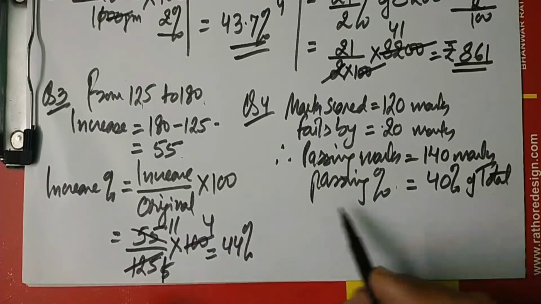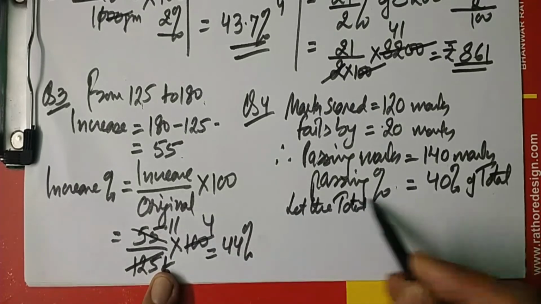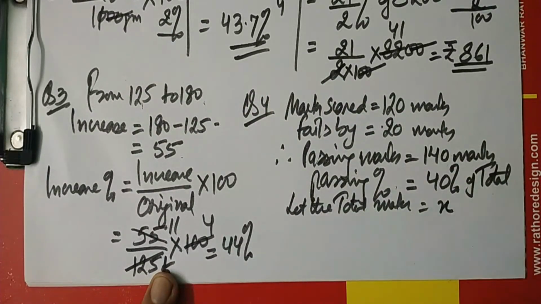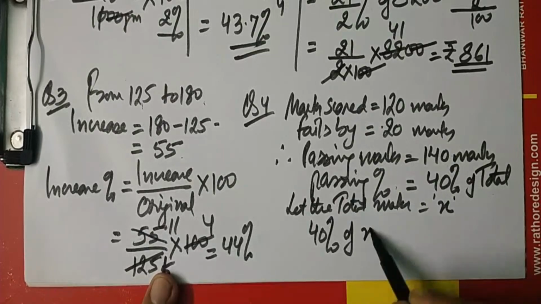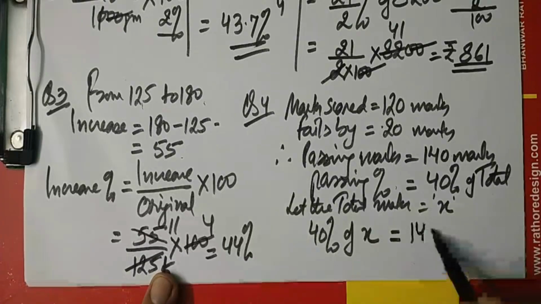So we will write, let the total marks be x. You can write x or any number. So 40% of x, which is the total marks, is 140.